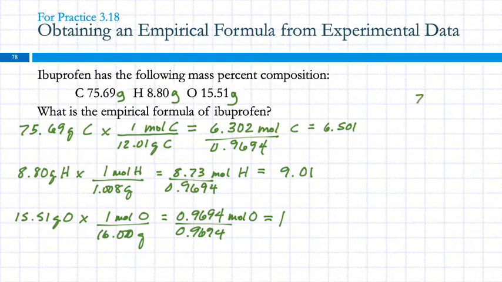So if I take 7 and subtract 6.501, is that less than 0.2? Well, it's greater than 0.2. That's 6.5. It's right between 6 and 7. I can't round that. If I round it, I'm going to end up with the wrong formula. So 0.5 is the decimal equivalent of 1/2.